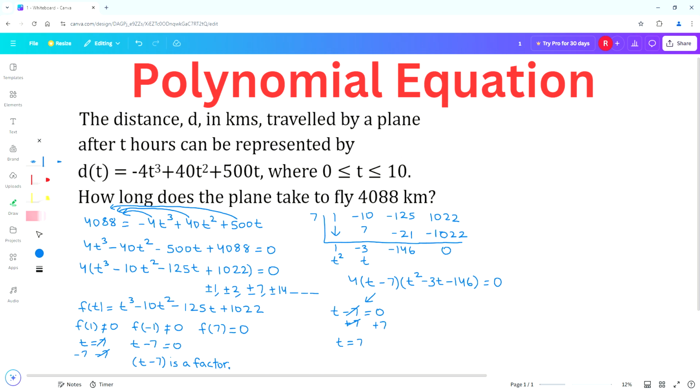Now we can set the second factor equal to 0 and solve for t. This is a quadratic equation, so we can use the quadratic formula to solve this equation.